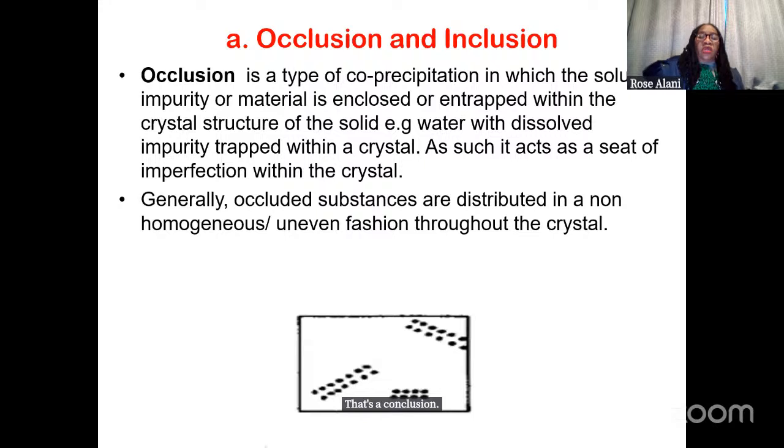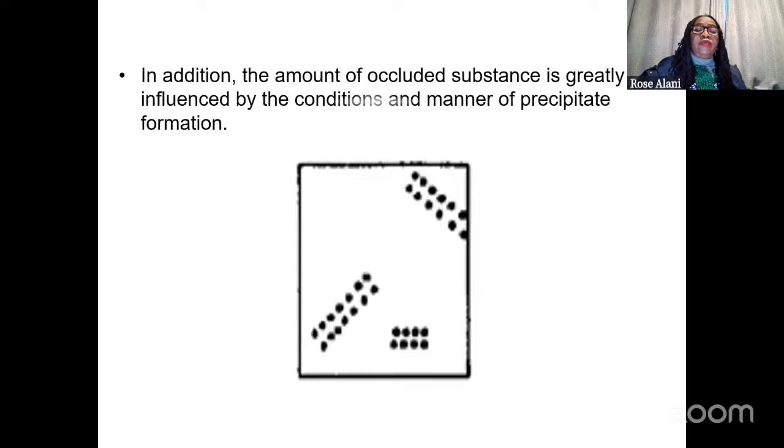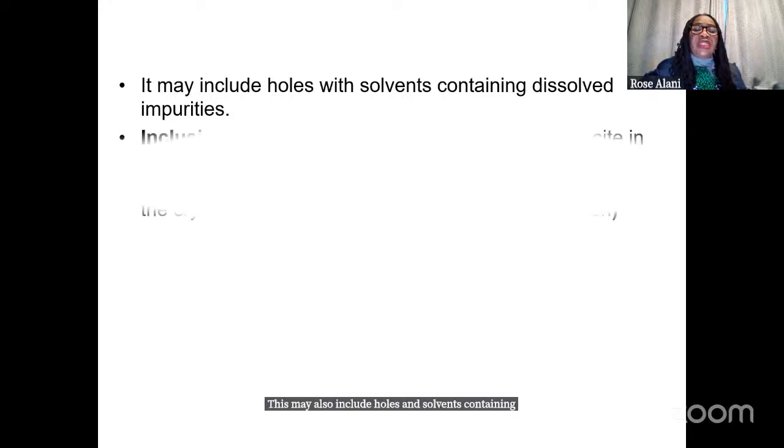Generally, occluded substances are distributed in a non-homogeneous or uneven fashion throughout the crystal. In addition, the amount of occluded substance is greatly influenced by the conditions and manner of precipitation. This may also include holes and solvents containing dissolved impurities.